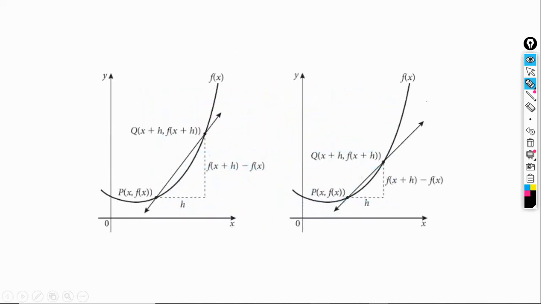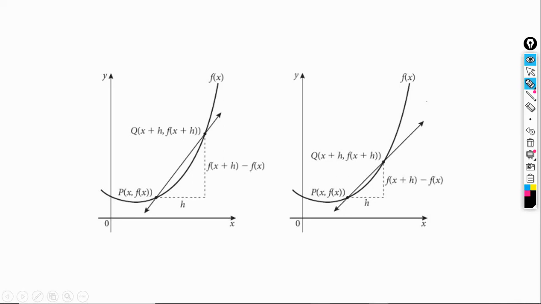Okay, so on previous slides, we've been looking at a geometric method of finding the derivative at a given point. In other words, the slope of the line at a point of tangency. So if we can draw a line physically tangent to the graph at that point, we can find the slope of that line, and that would give us the instantaneous rate of change at that point.